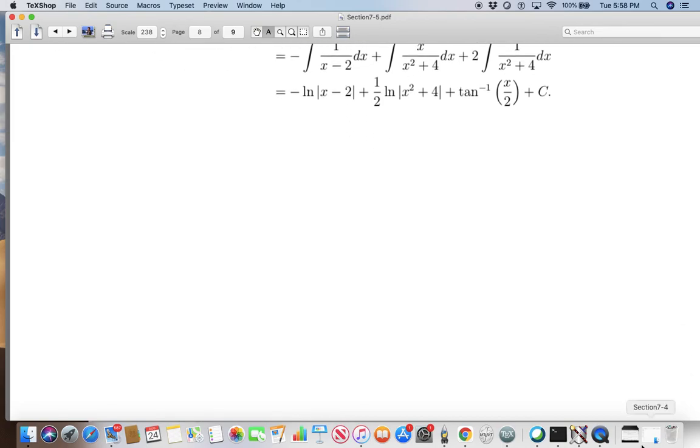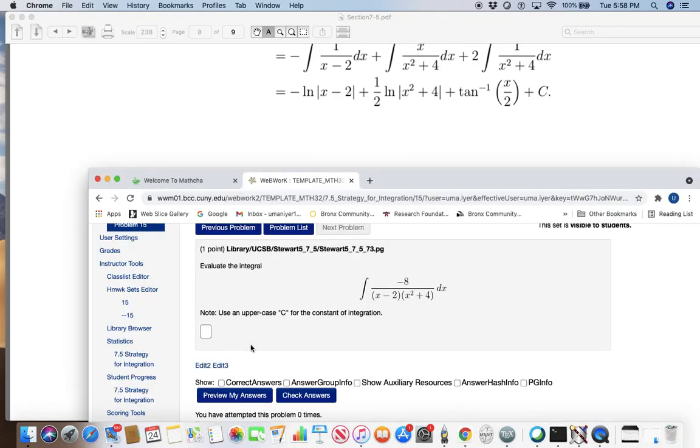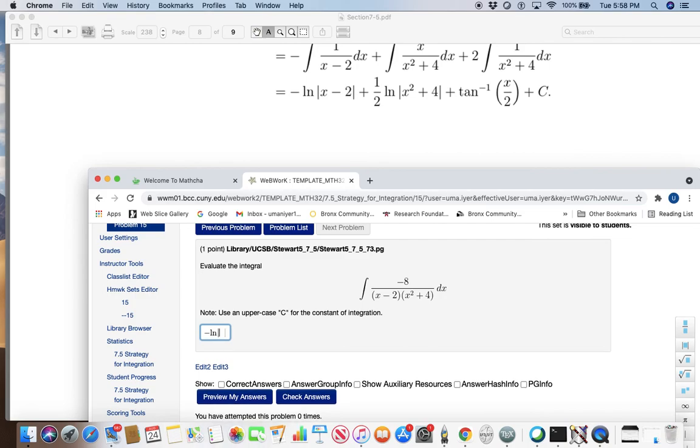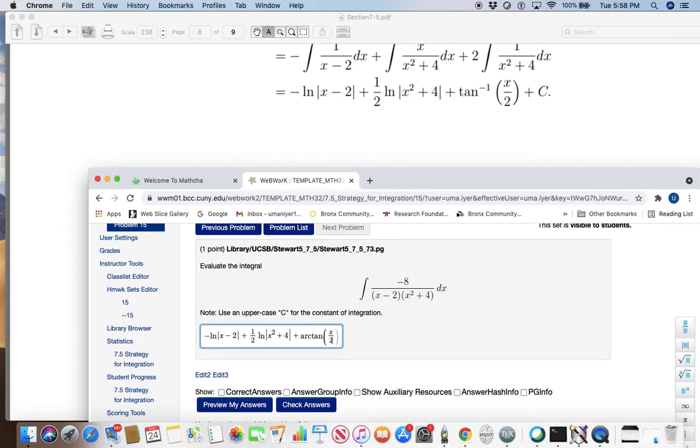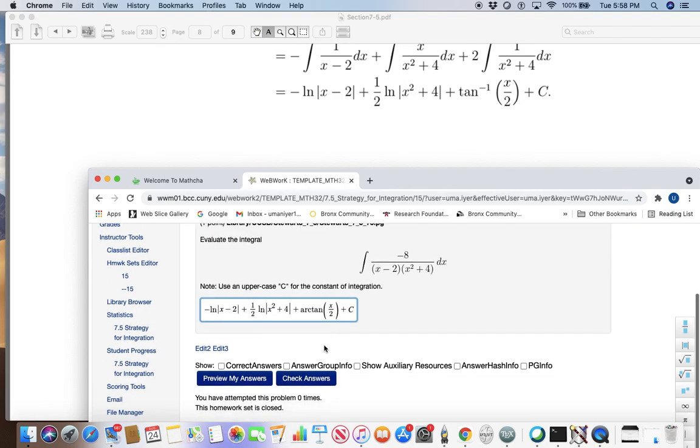So that's your final answer. Negative natural log of the absolute value of x minus 2, plus 1 over 2 natural log of x to the power 2 plus 4, plus arctan of x over 2, plus constant of integration.